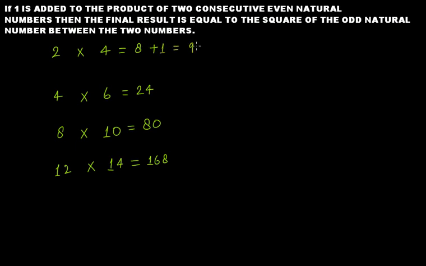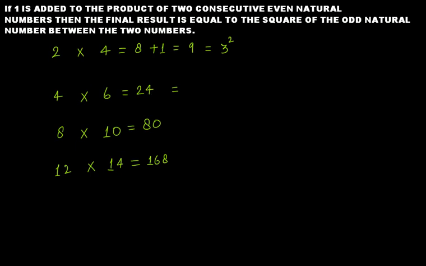We get 9. Okay, now if 2 and 4 are two consecutive even numbers, then 3 is the odd number that comes between two consecutive even numbers, right? So this is 9 and this is actually what? 3 squared.